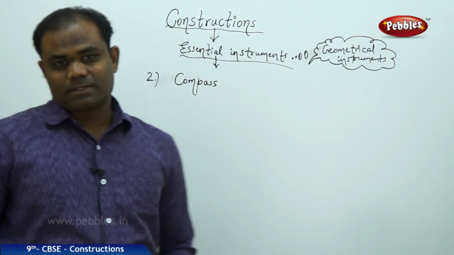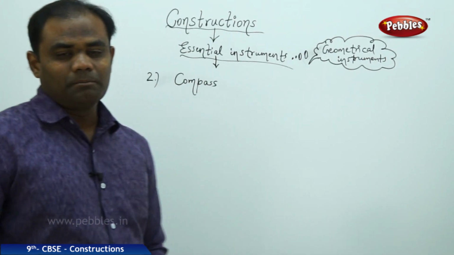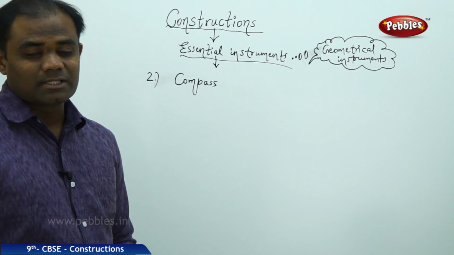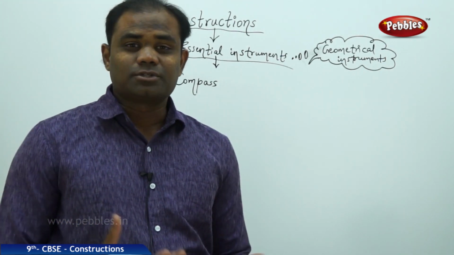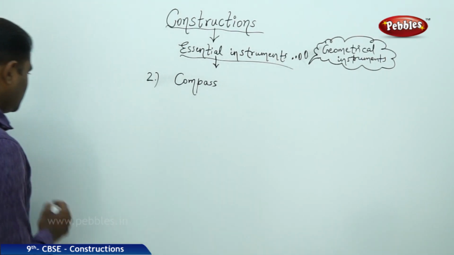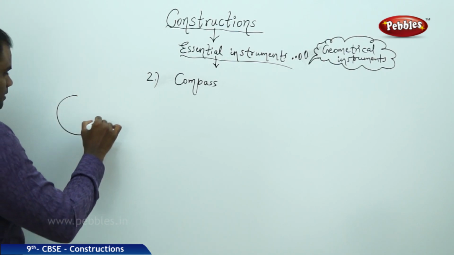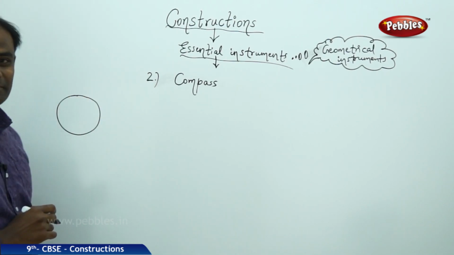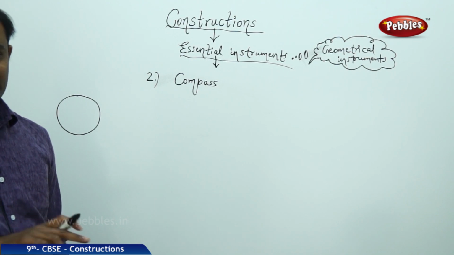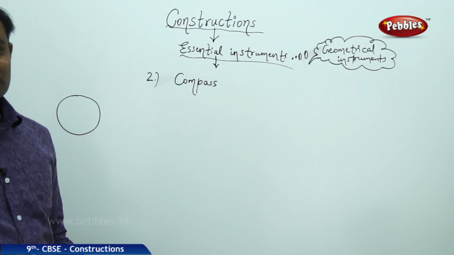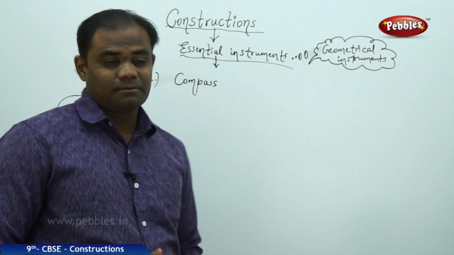So what is the compass? A compass refers to a circle. What we have discussed needs to be perfect. Imagine I have a circle drawn by hand. I may not get a perfect circle. But if I take a compass and draw a circle, it would be exactly perfect.